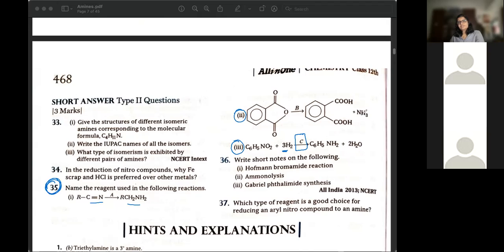So how are you introducing the nitrogen then? Your reagent should have nitrogen there. This is not NH2. This is phthalic anhydride. So phthalic acid, you remove water and you get an anhydride compound.